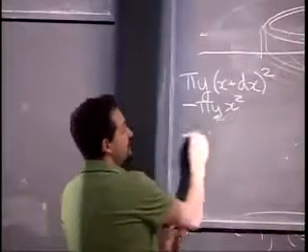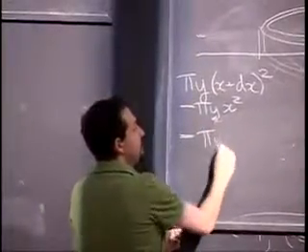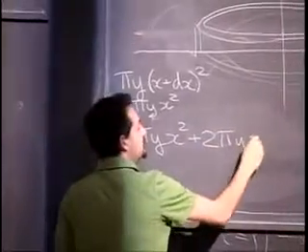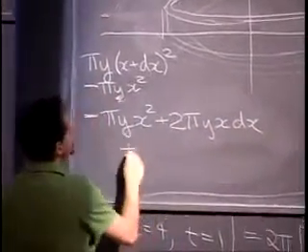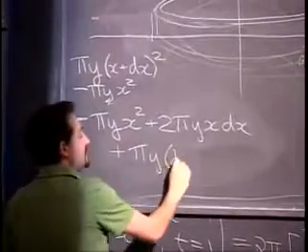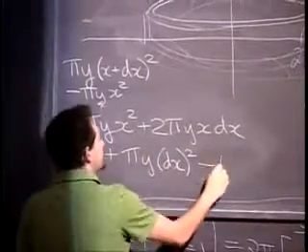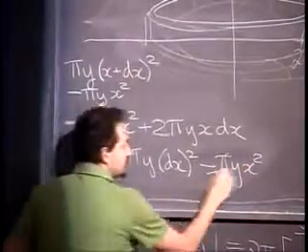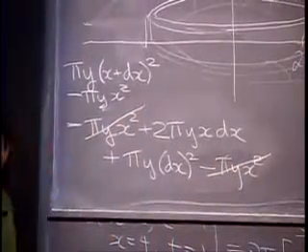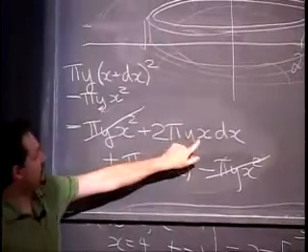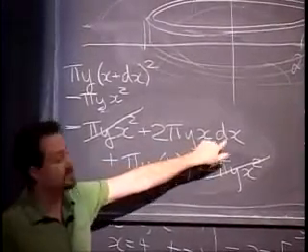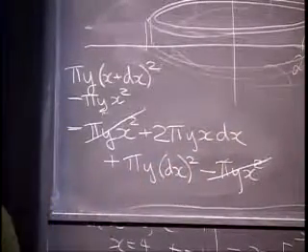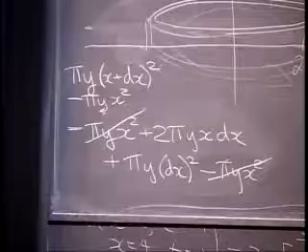So what you get when you expand it is pi y x squared plus 2 pi y x dx plus pi y (dx) all squared, minus pi y x squared. And then this cancels this, and you end up with 2 pi x y dx, which is the same as what we found, plus a term with a dx squared, which is of much, much smaller magnitude.